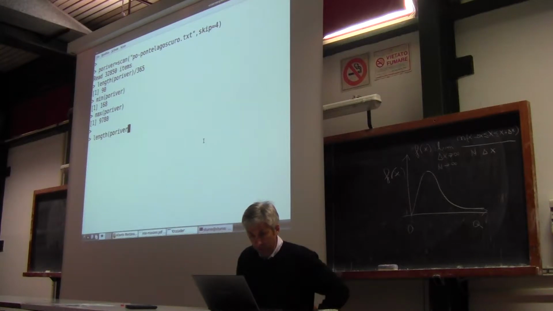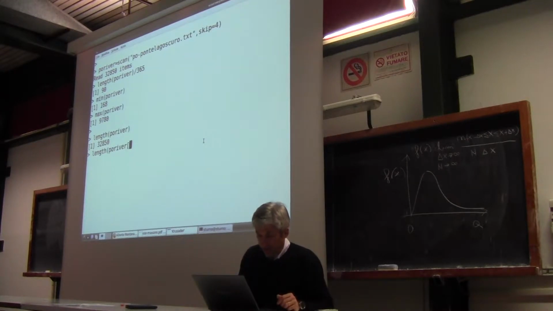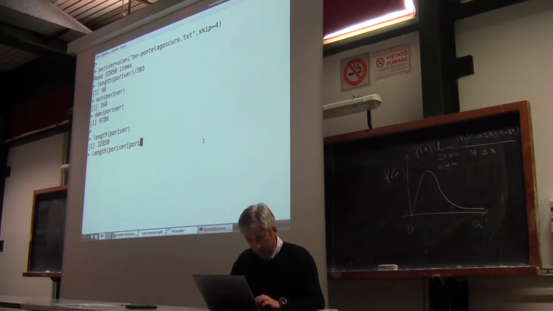So length of river is the total length. And now I have to tell R to refer only to a given interval of river flows. If I remember well, we can do it in this way, for river greater than 0.